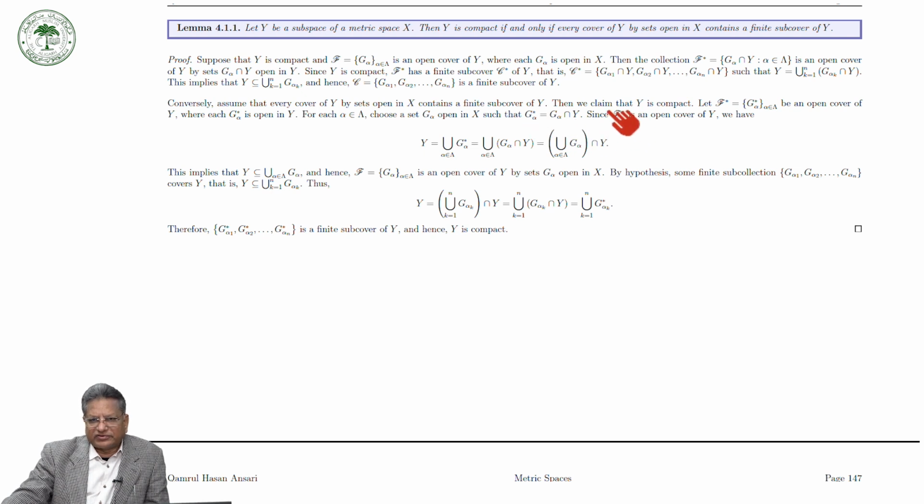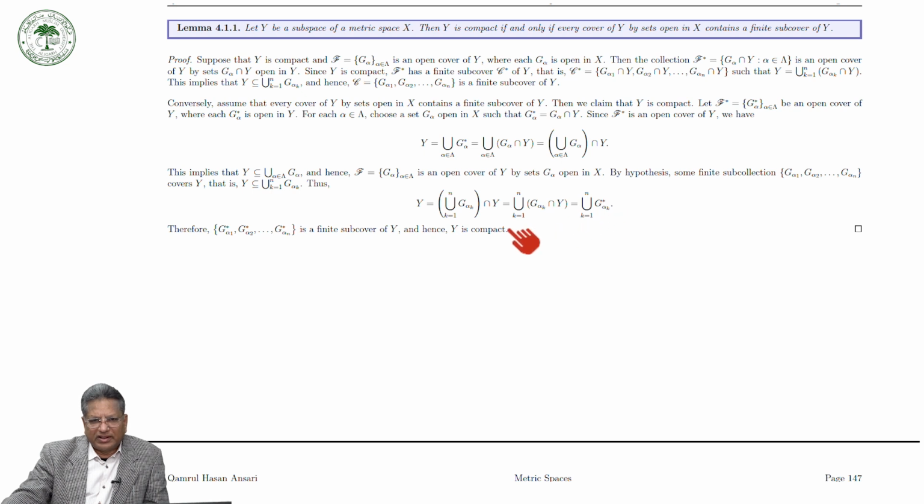And now since F* is an open cover of Y, Y must be equal to the union of the G_α*, and G_α* = G_α ∩ Y. Then we see that Y is a subset of the union of G_α, α in Λ. Hence this family is an open cover of Y by sets G_α open in X. By hypothesis, some finite subcollection G_α1, ..., G_αn covers Y, that is, Y is a subset of this union, and thus Y is equal to the union of these intersections with Y, which is G_αk*.